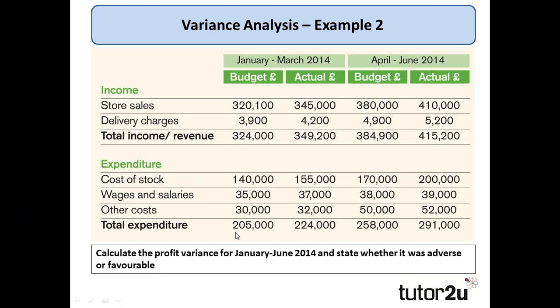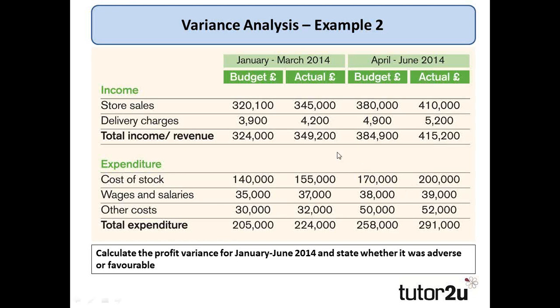The difference between the two will be our budgeted profit for January to March. Then moving to April and June, the budgeted income is $384,900. We take off our total expenditure, $258,000, and that gives us our budgeted profit between April and June. Those two figures added together will be our budgeted profit for January to June 2014. That's the first part of the calculation.